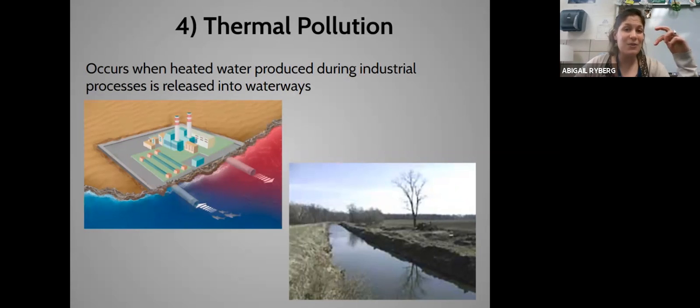Again, although it seems natural in some regions, it is definitely not in these regions. So it kills off plants, organisms can't live there, the fish can't live there, and so they die. Because it's causing ecological nightmares, it is considered to be a type of pollution.